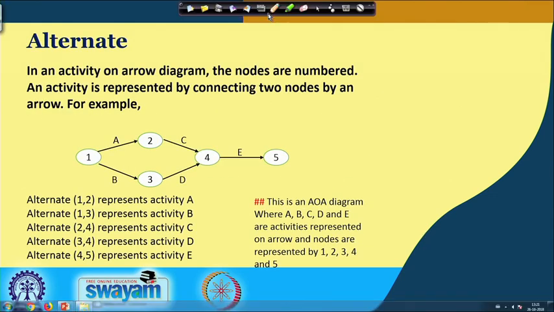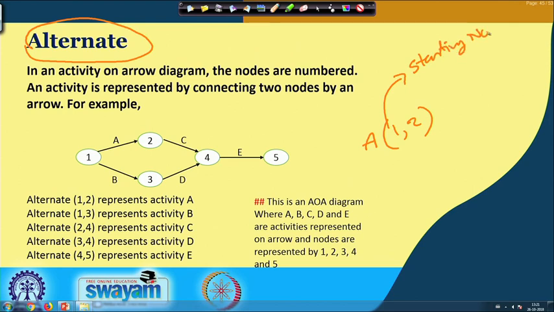Alternate is basically some people use to represent the activities in a different form. In this form, they represent activity A, where the first number represents the starting node number and the second number represents the ending node number.